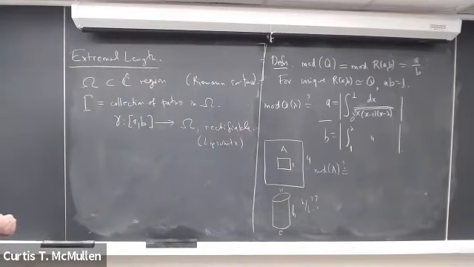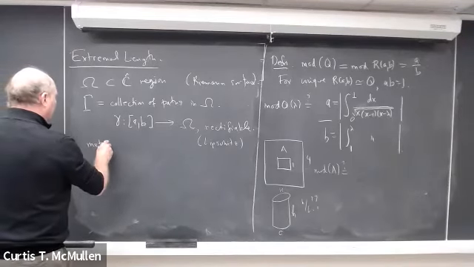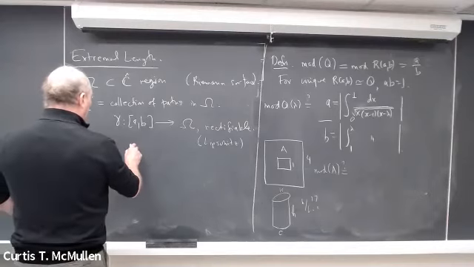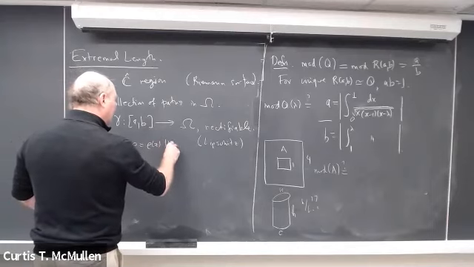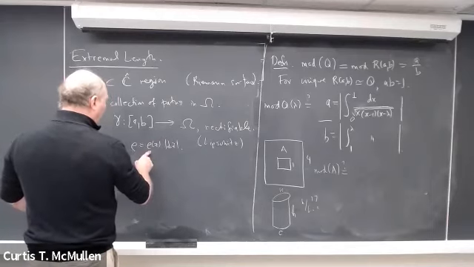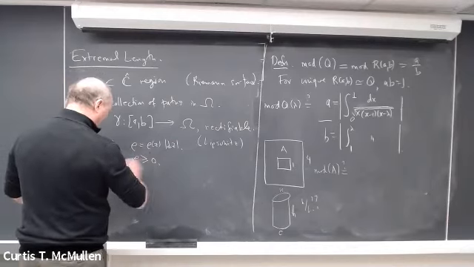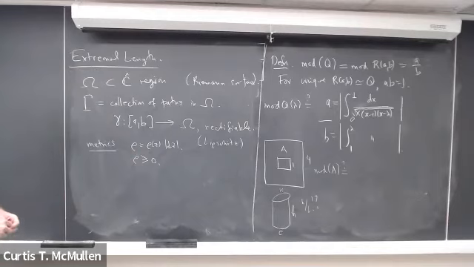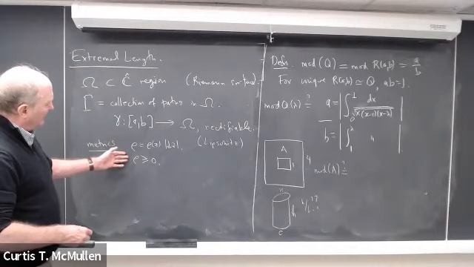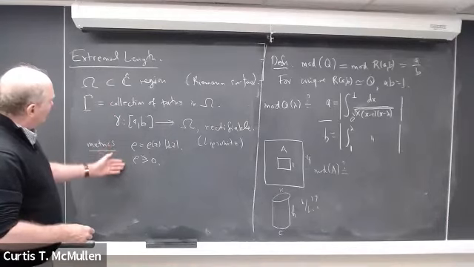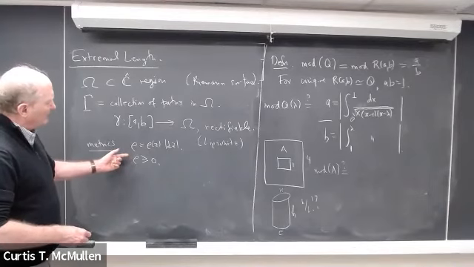And the third player is that we're going to need to study metrics on our region. This will be given by rho of z, dz, as usual. And what properties do we want rho to have? Well, we want rho to be positive, or at least non-negative. And then you might ask, do you want it to be continuous? Do you want it to be smooth? Well, in fact, we want to allow rho to be discontinuous, but we do want to be able to integrate it.